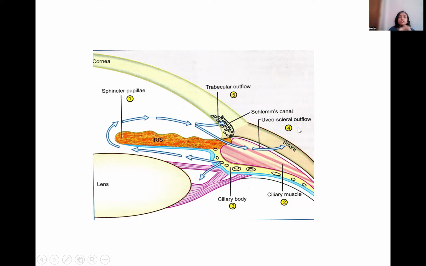So these are the various parts of the eye associated with the drainage and production of the aqueous humor. In the trabecular outflow pathway, you have a small canal at the iridocorneal angle. This is the iris and this is the cornea. The iridocorneal angle consists of a canal known as Schlemm's canal. The trabecular outflow will be through this canal.